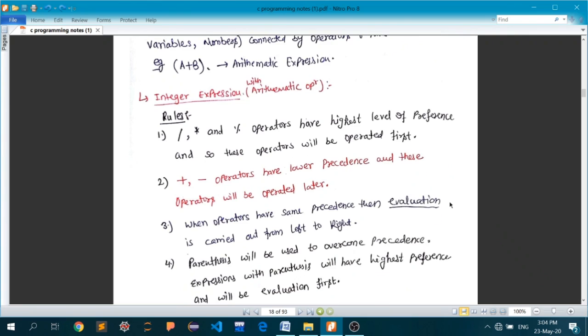So let's move on. Now we are at the integer expression, sometimes called arithmetic expressions. The rules are: integer division, multiplication, and remainder operators have the highest level of precedence, so these operators will be operated first.